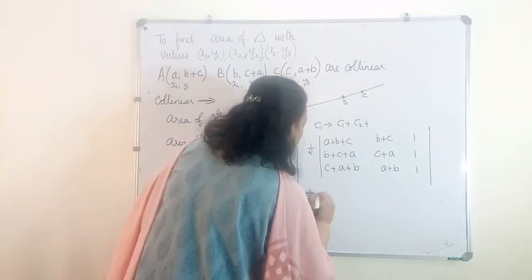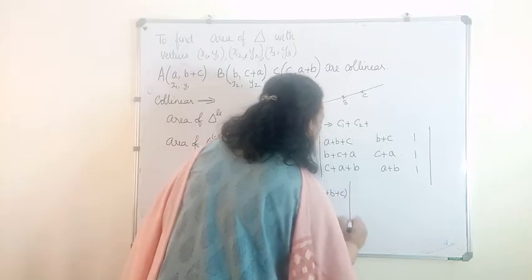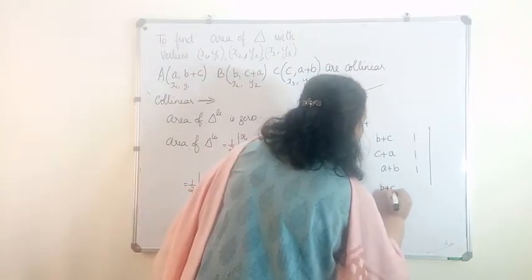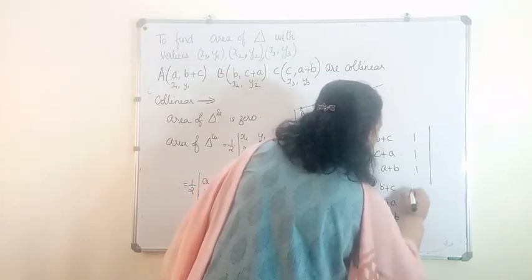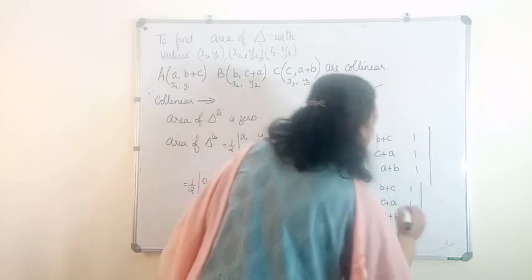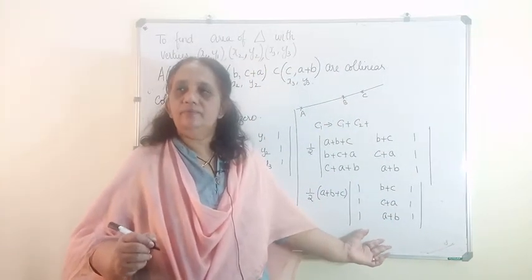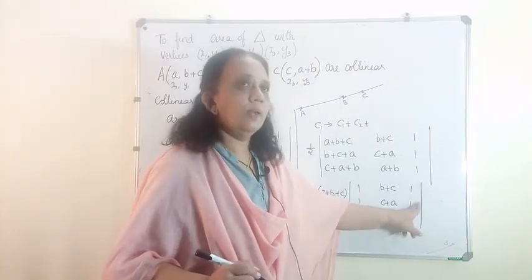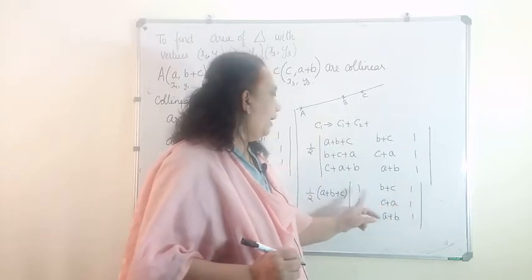That is half into A plus B plus C into determinant 1, 1, 1, B plus C, C plus A, A plus B, 1, 1, 1. Now, what about the value of this determinant? Yes, the value of the determinant is 0 because first column and second column, they are identical.